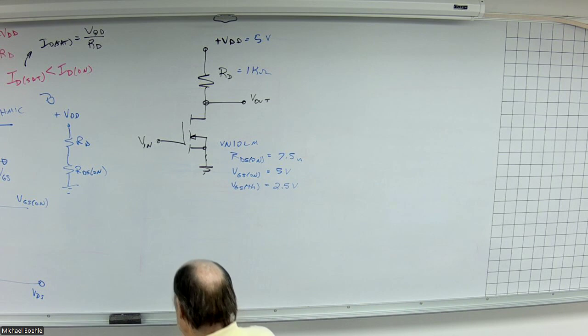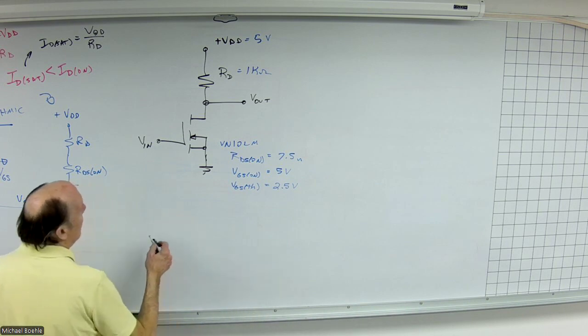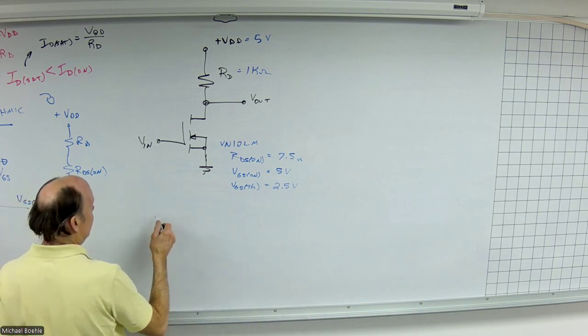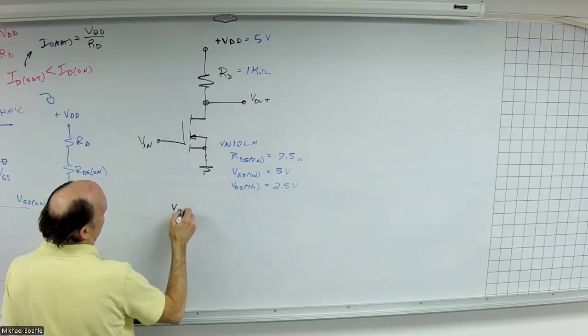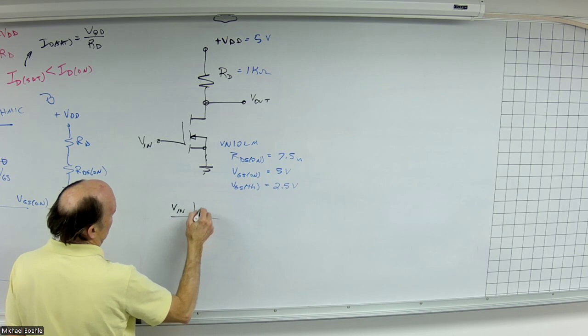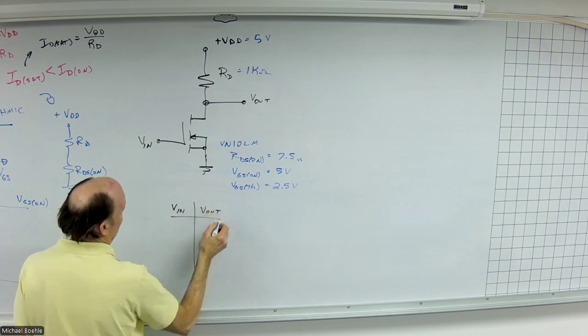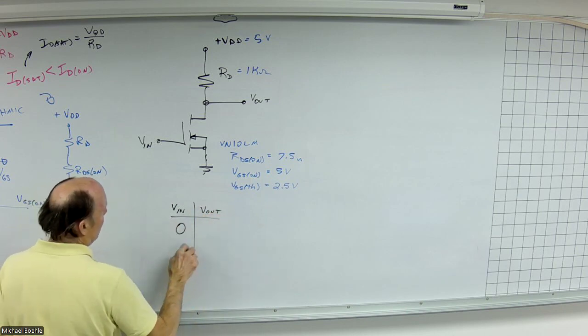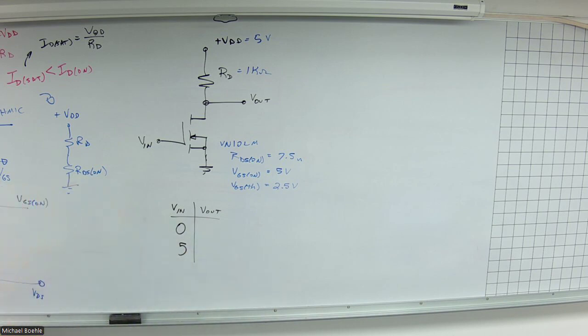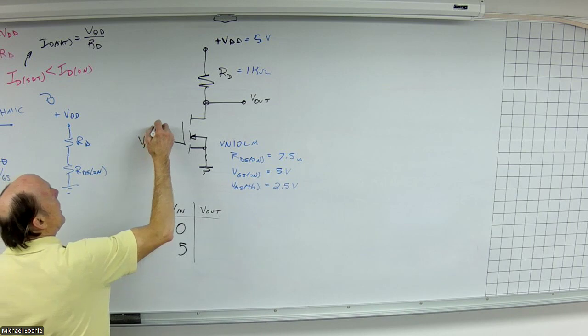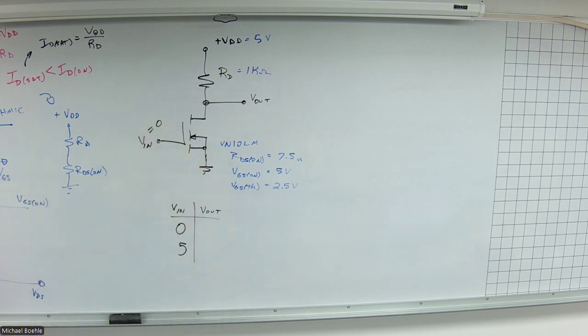All right. Make a little table here. Input voltage. Output voltage. I'm going to put in 0. I'm going to put in 5 volts. So when the input voltage is 0, the gate voltage is 0.